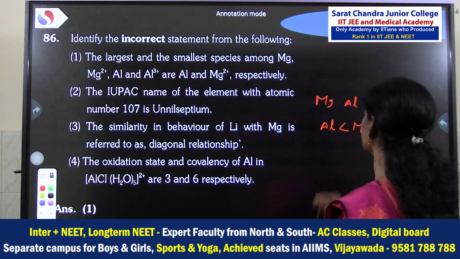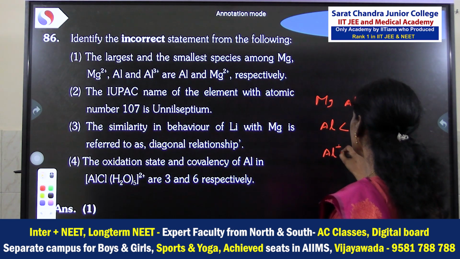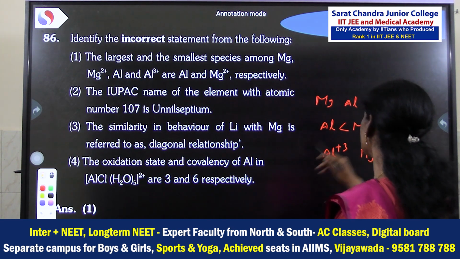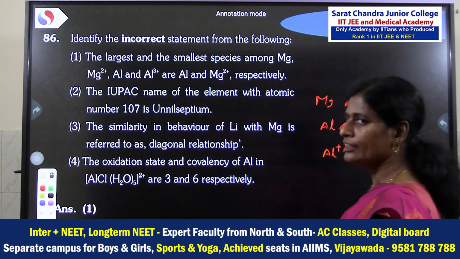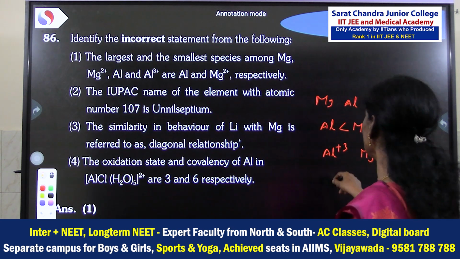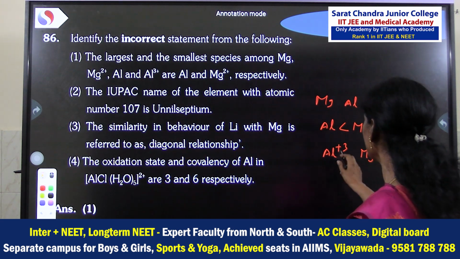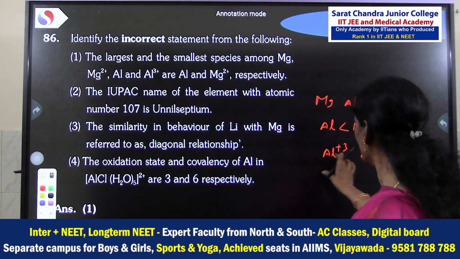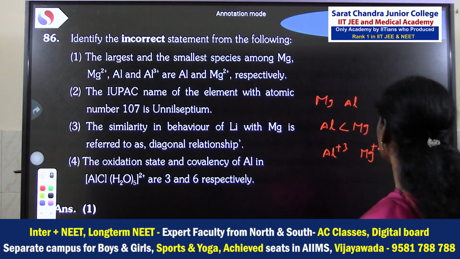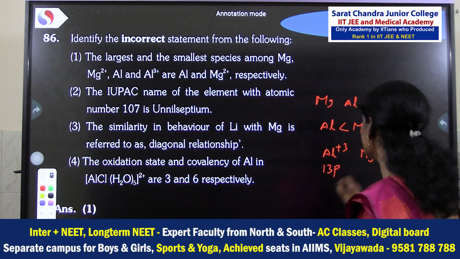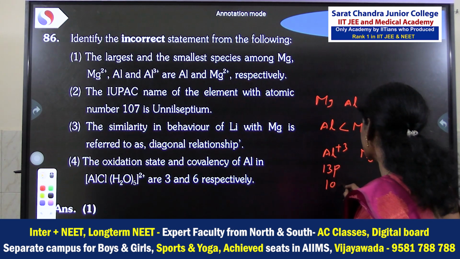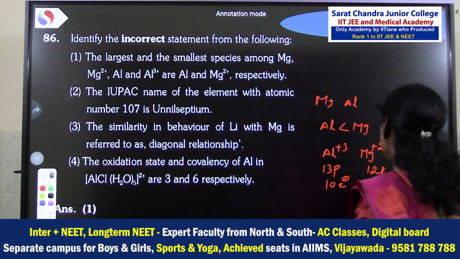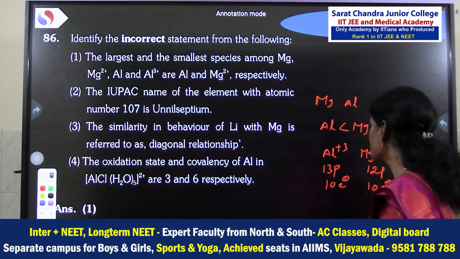And coming to ions, Al+3 and Mg+2: as the charge on the cation increases, the effective nuclear charge increases. Therefore, the effective nuclear charge of Al+3 is more compared to Mg+2. In Al+3, there are 13 protons and 10 electrons, whereas in Mg+2, there are 12 protons and 10 electrons. These two are isoelectronic species.